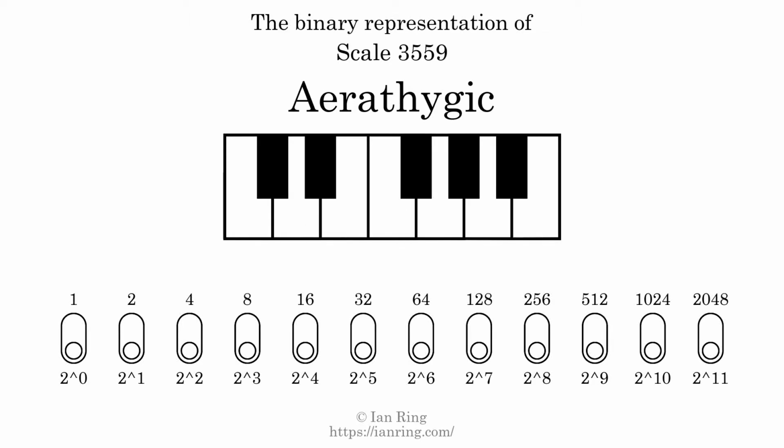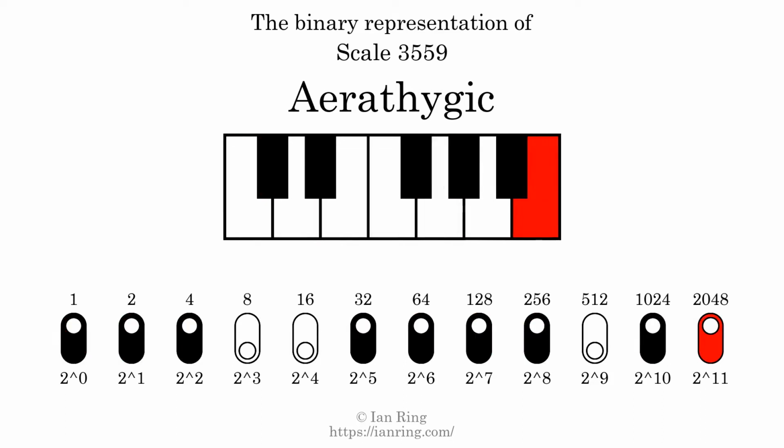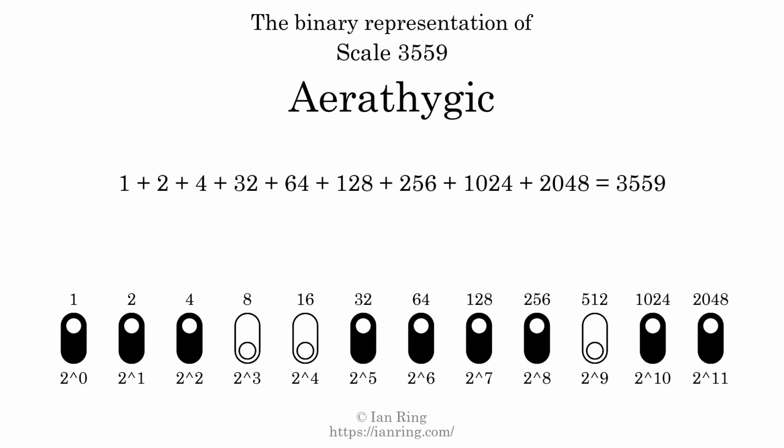The binary representation of this scale is determined by mapping tones of the scale to binary digits. Each binary digit represents a power of 2. To get the scale number, we add the powers of 2 together. The powers of 2 that are present in the scale, all added together, equals 3559.